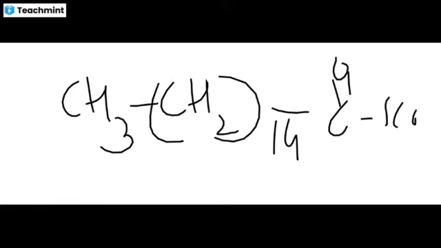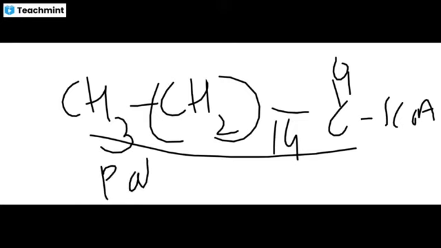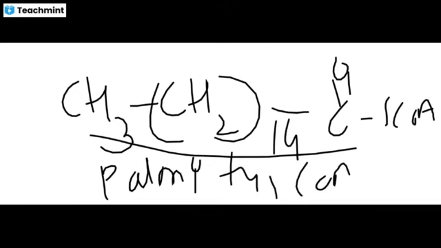It is your activated form of the fatty acid which now enters the mitochondria for further rounds of oxidation. So initially it is palmitic acid up to this, but when it is activated it is called palmityl CoA. Now all of you get it very clearly. Palmitic acid is converted into the activated form called palmityl CoA. Is it clear to all?